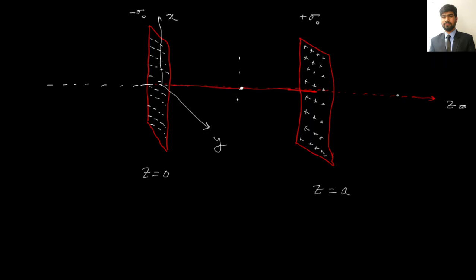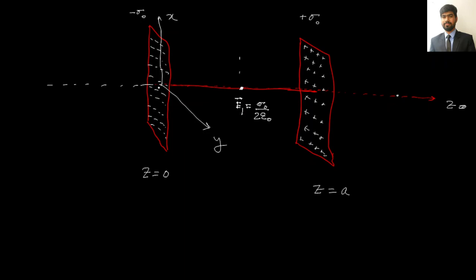Then the electric field at this point will be, let's say, E1. And what will be the value of E1? First write the magnitude. In this case the charge density is minus sigma naught, but we'll write only the magnitude, sigma naught divided by 2 epsilon naught.